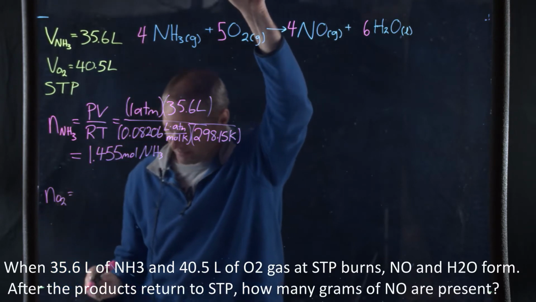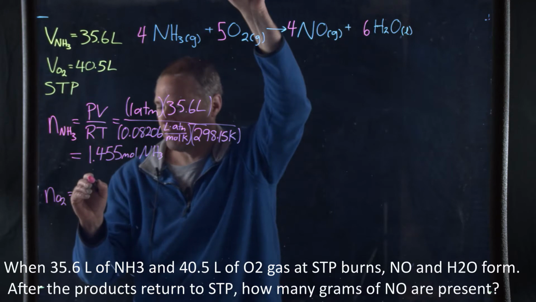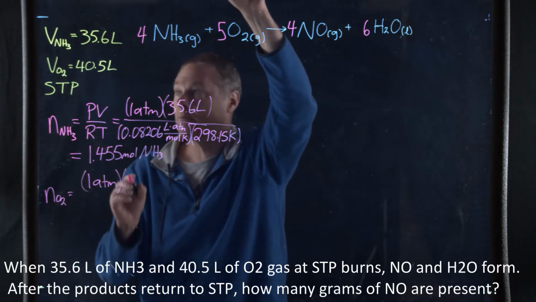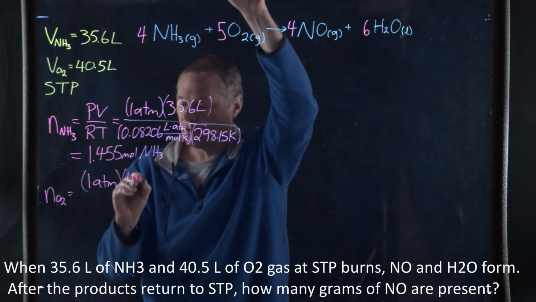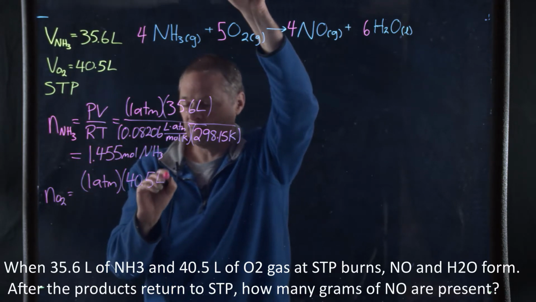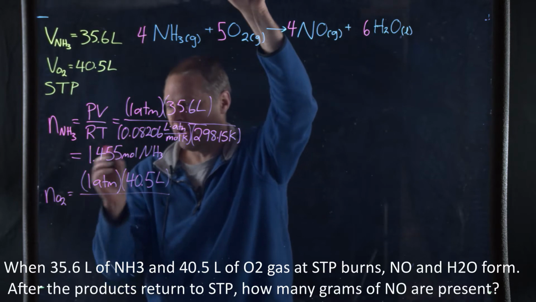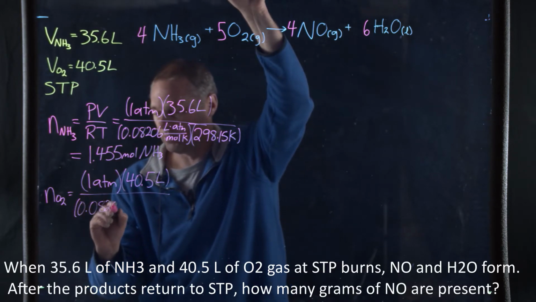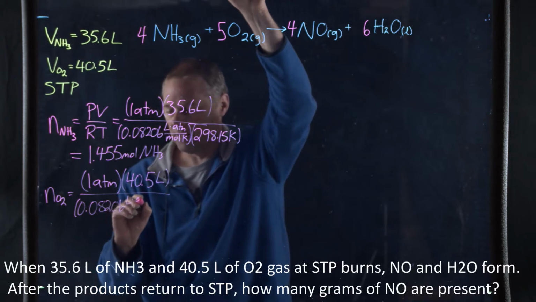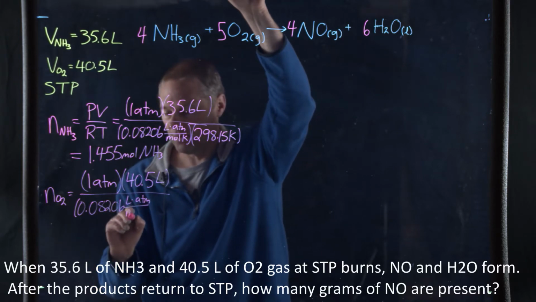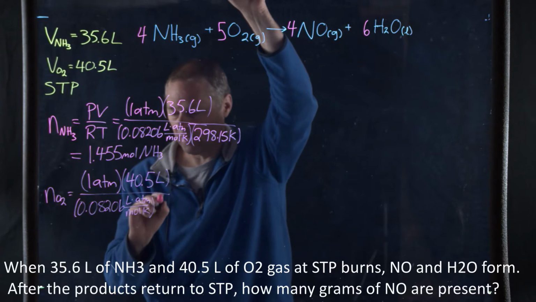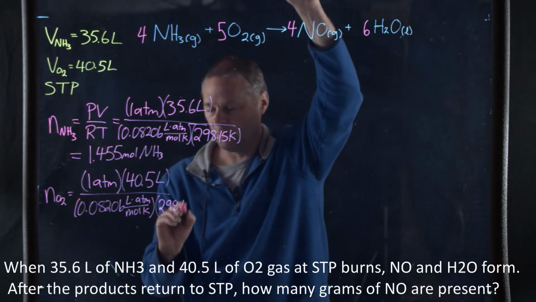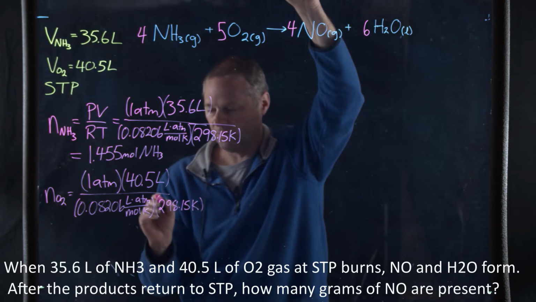We do the exact same thing when it comes to the moles of oxygen. That's going to be 1 atmosphere times now the volume, which is 40.5 liters, divided by R, which is 0.08206 liter atmosphere per mole Kelvin, times the temperature, which is 298.15 Kelvin.